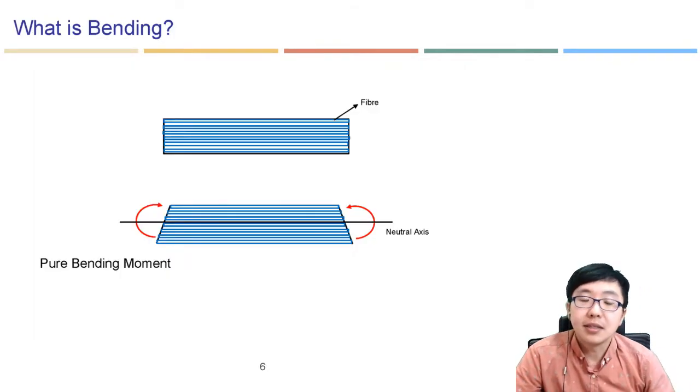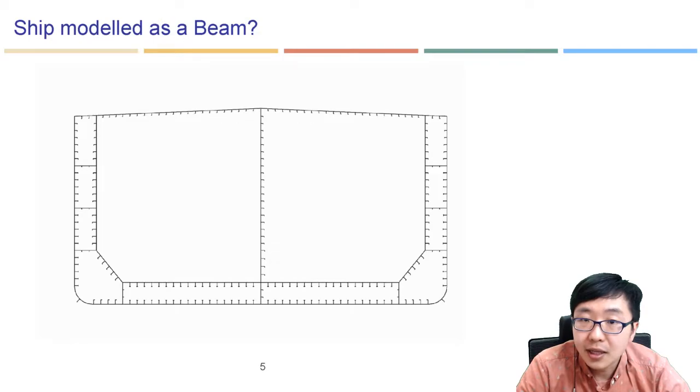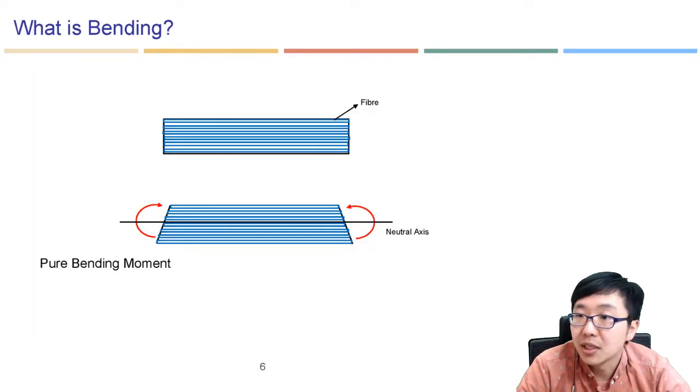So what is bending? Every single beam element you can see here, the deck or the inner bottom, side shell and outer bottom, can be considered as a fiber, and that is subjected to the pure bending moment here. This is the neutral axis.